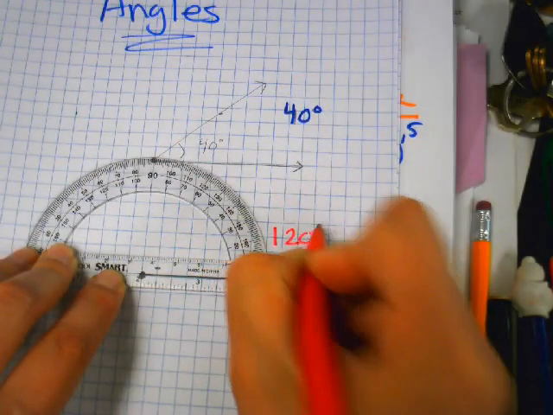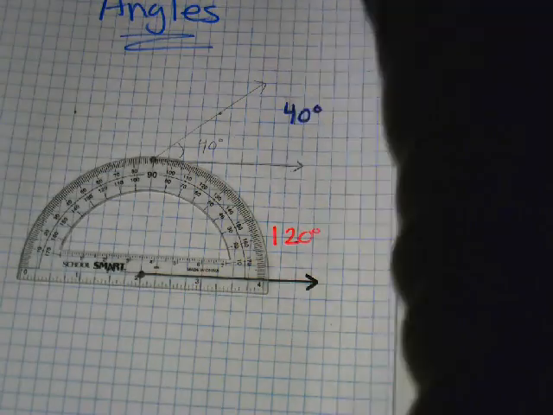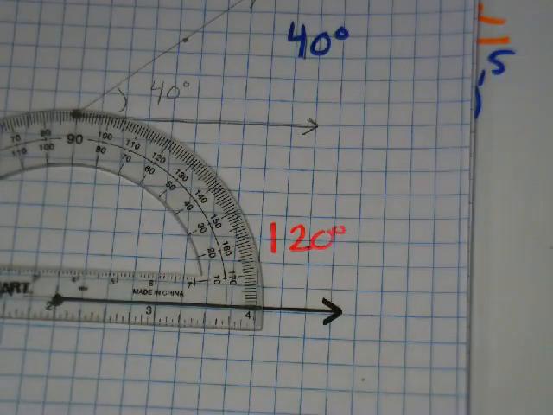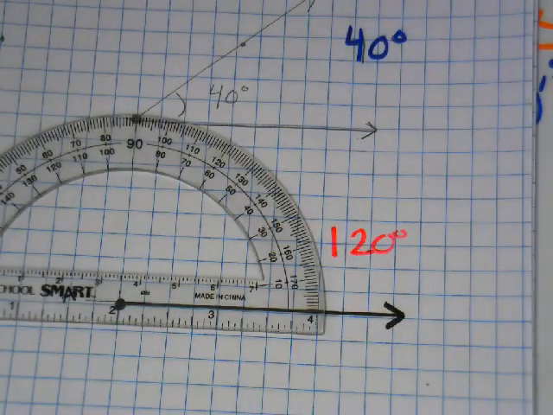Now I want you to do 120 degrees. I have here 0. Am I going to use the inside numbers or the outside numbers? If I go 0, 170, 160, is that how you naturally count? Nope.